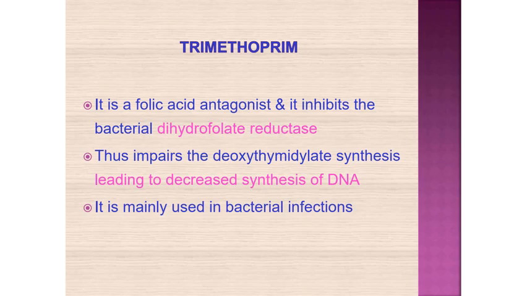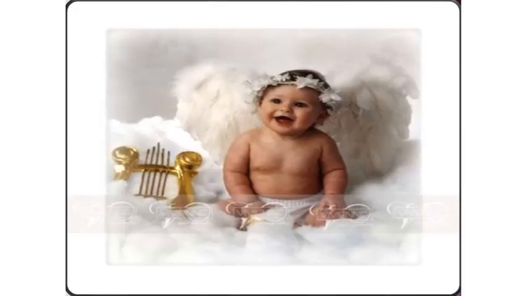So it impairs deoxythymidylate synthesis, leading to decreased synthesis of DNA. Methotrexate and trimethoprim have almost the same mechanism of action and can inhibit DNA synthesis and arrest cell division. Methotrexate is mainly used as an anticancer drug, and trimethoprim is mainly used in bacterial infections as an antibiotic.